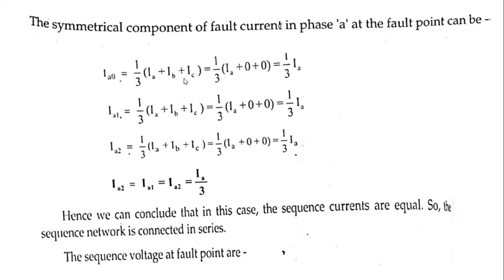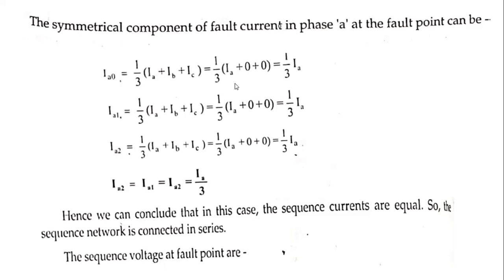Therefore IB is equal to IC is equal to 0. Substituting IB equal to IC equal to 0, we get IA plus 0 plus 0, which is equal to 1 by 3 IA.